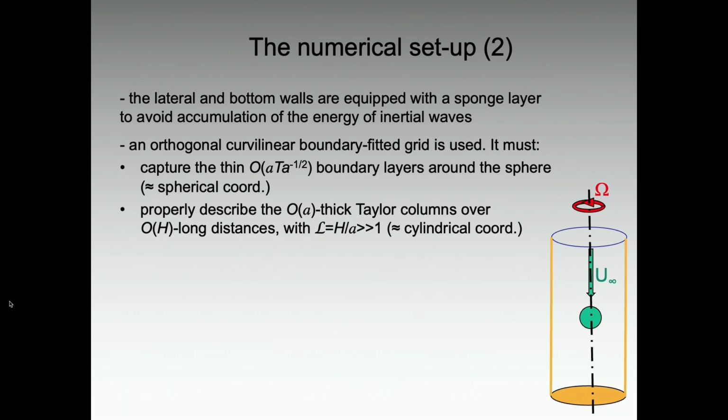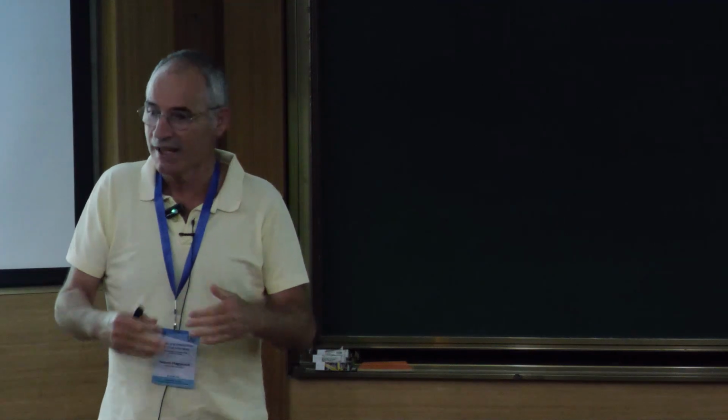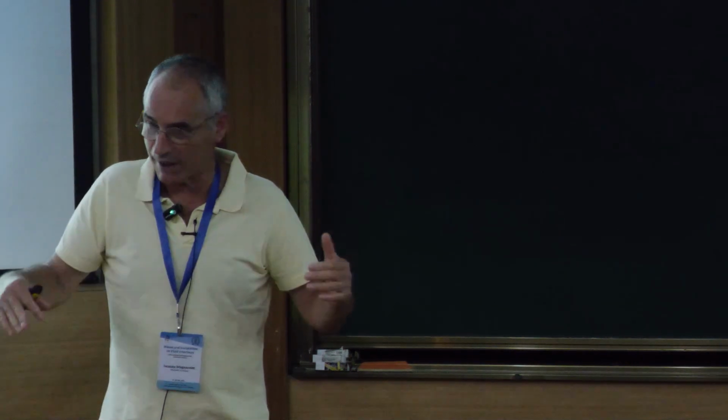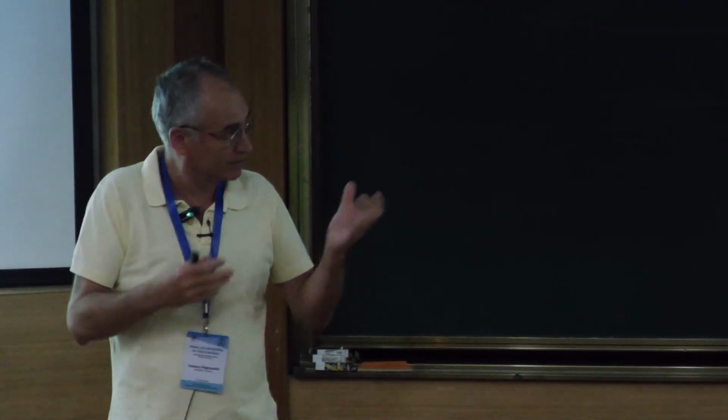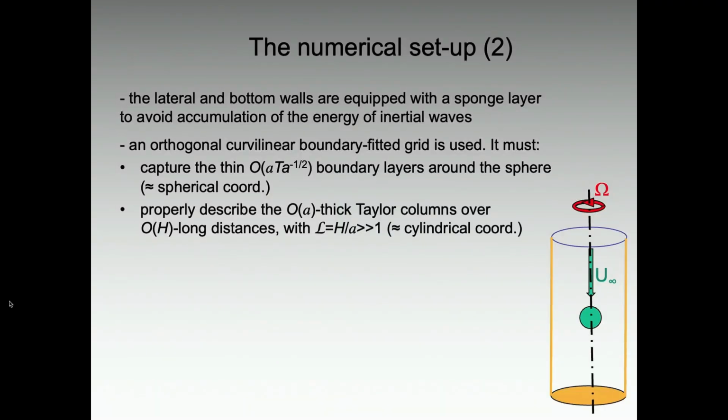The first one is that, as you certainly know, there are inertial waves propagating in a rotating fluid when an obstacle is present in the fluid. And these inertial waves have the very bad property that their group velocity, that is the velocity with which they carry energy, is parallel to the wave crest, not orthogonal to the crest, which means that in a computation like this one, the energy tends to accumulate within the computational domain.